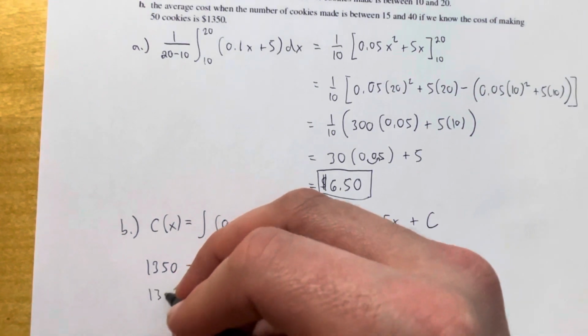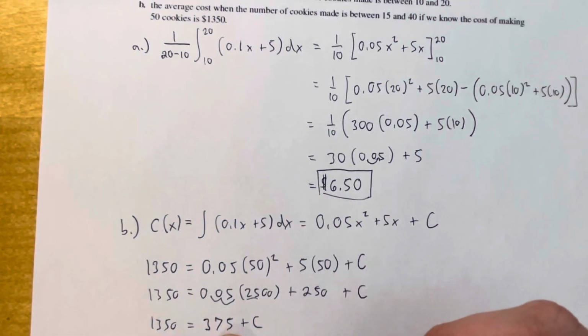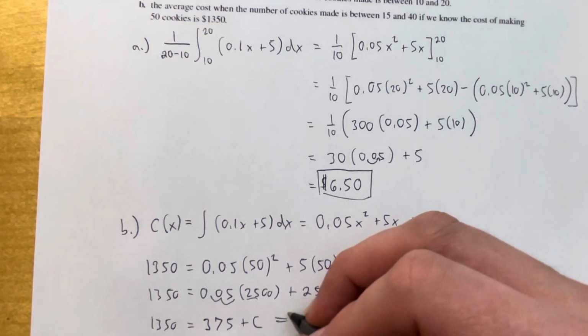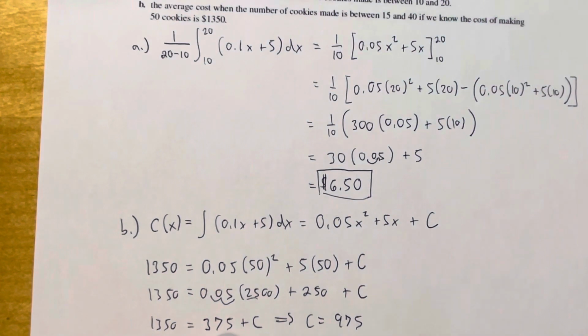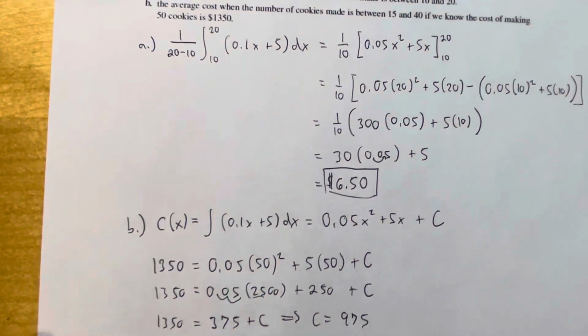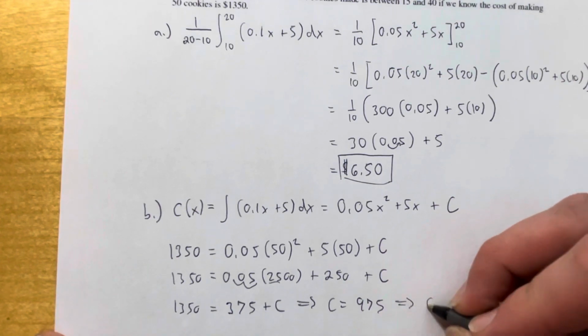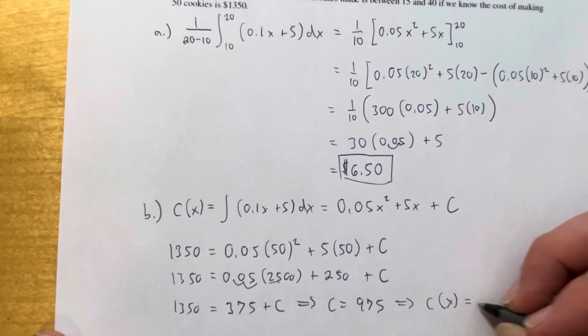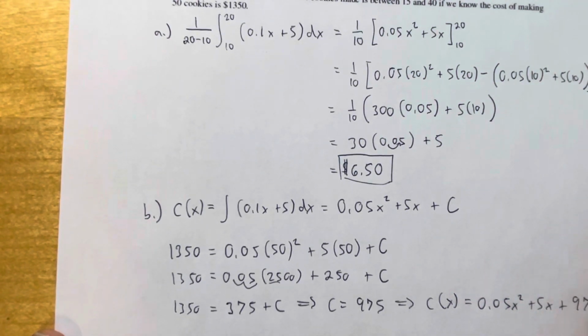And so if 1,350 is equal to each of these, I could subtract 375 from both sides to get that c is equal to 975. Okay, that goes back up here, and now I have c of x. So c of x is equal to 0.05x squared plus 5x plus 975.